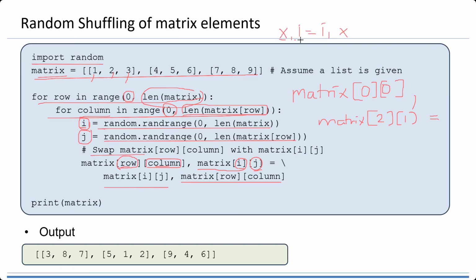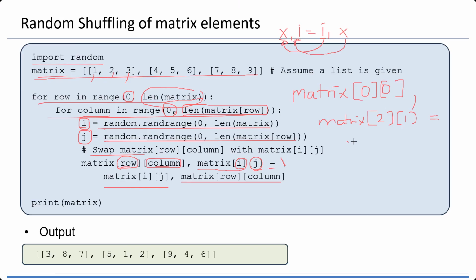The current x and the current i will be updated so that now i will be in the x and x will now be in the i. So the idea is the same with this matrix. We have matrix 0, 0, comma matrix 2, 1 equals to, okay. So this one means it goes to the next line. Okay, it goes to the next line.